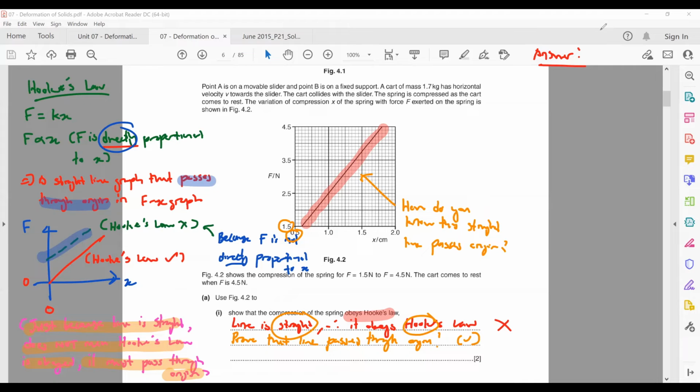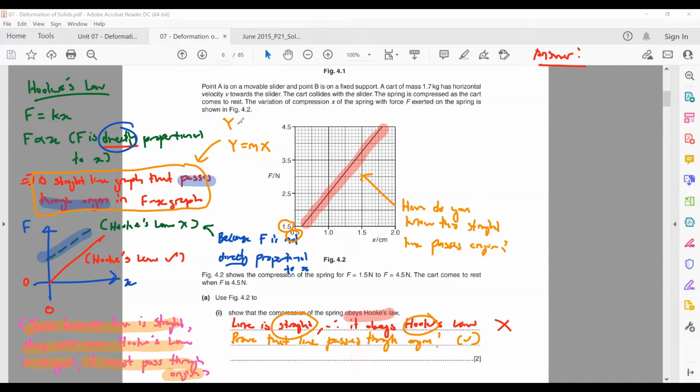Okay, so what you want to do is that if it's a straight line that passes through origin, the equation of the line would be y equals to mx.